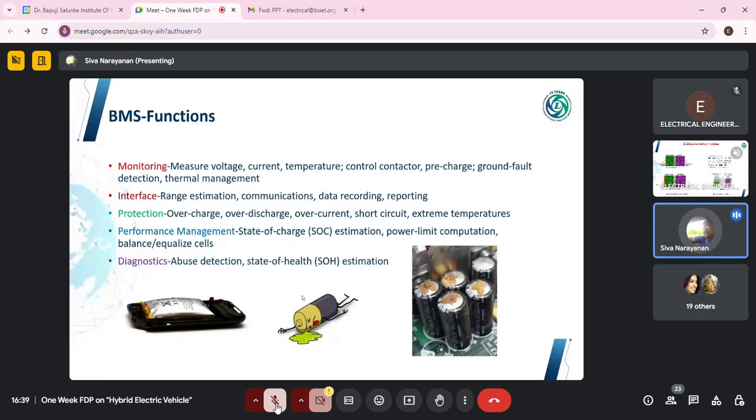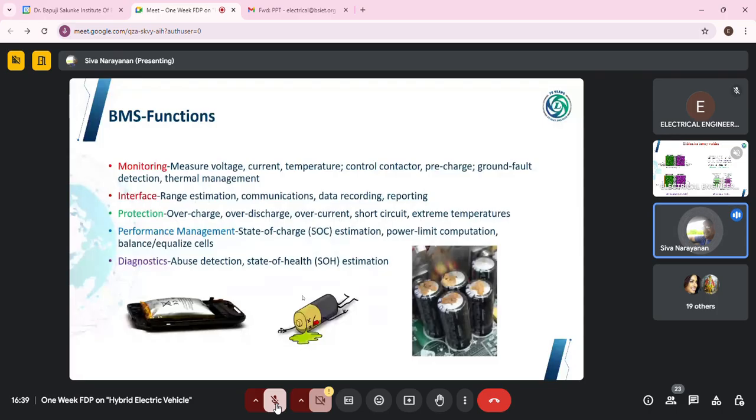Then data recording. This is the most important part. Nowadays in IC engines we don't record anything in the vehicle, but in an electric vehicle we need to have a data record, because when you analyze that record you can find whether our battery is sometimes being operated in non-safety regions.